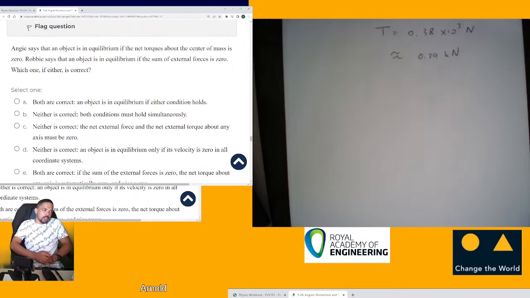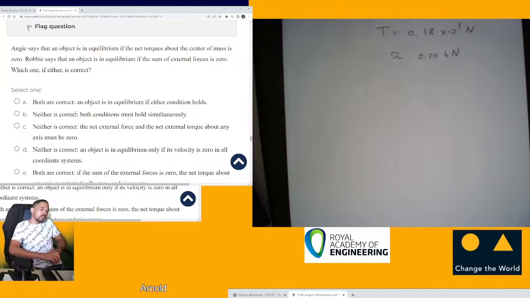Okay, Angie says that an object is in equilibrium if the net torque about the center of mass is 0. They are both wrong. Neither is correct.